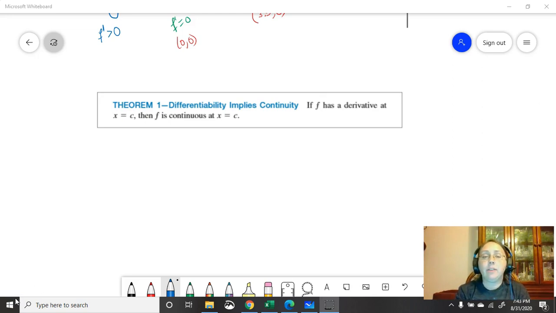But basically, if you break down the limit definition of a derivative, you're able to show that if the limit of the difference quotient exists, then the function exists, and the limit exists at the point, meaning the requirements of continuity are satisfied. The limit at c is equal to the function at c. So it's a cool theorem, go check out the proof in the textbook if you have time.